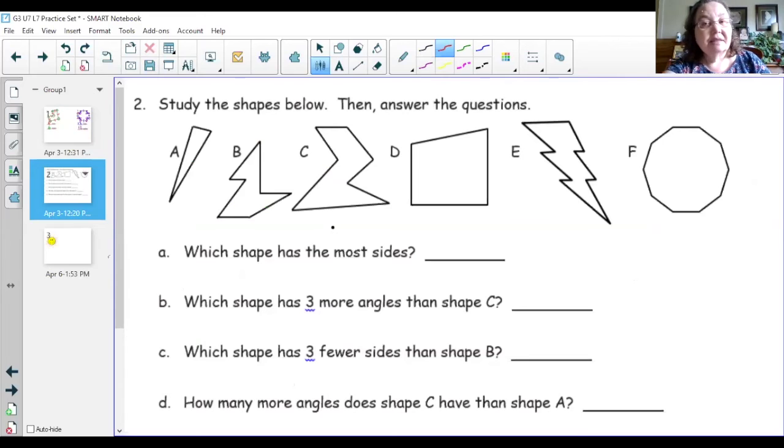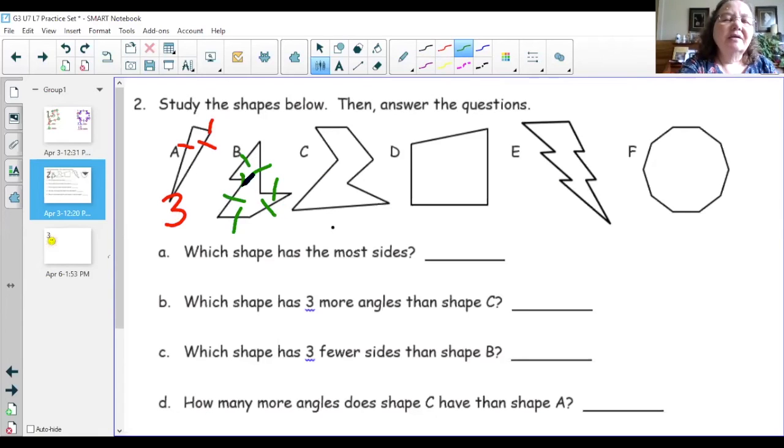That's right, we need to count them. And I like to use my strategy. So I'm going to go 1, 2, 3. I know this one has 3. And let me count this one. Use a different color. 1, 2, 3, 4, 5, 6, and that little one, 7.